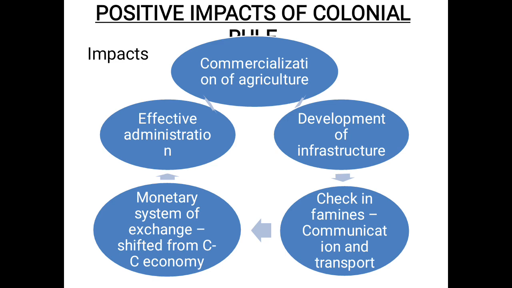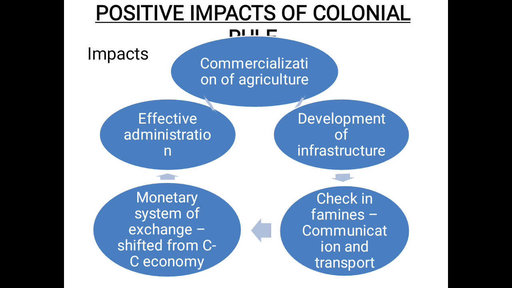So what kind of positive impacts were there? First point, commercialization of agriculture. Number 2, development of infrastructure. What kind of changes were there in infrastructure? What kind of commercialization was there in the agricultural field? What kind of effective administration and monetary system of exchange?